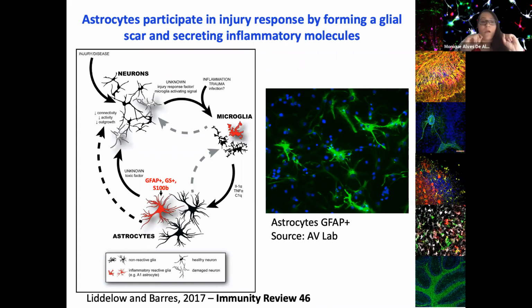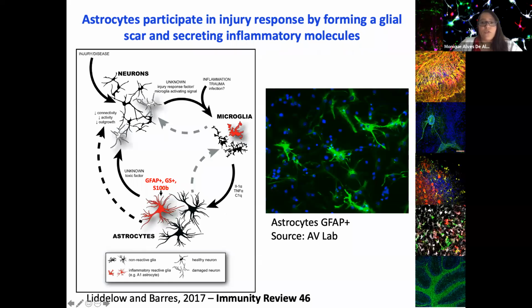So on one hand, astrocytes are beneficial because they seal off the damaged site. But on the other hand, they also secrete a number of molecules which cause a molecular program that prevents neuronal regeneration.